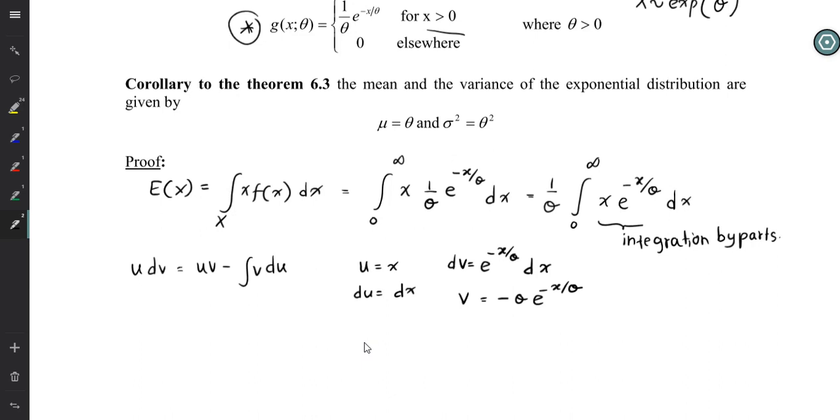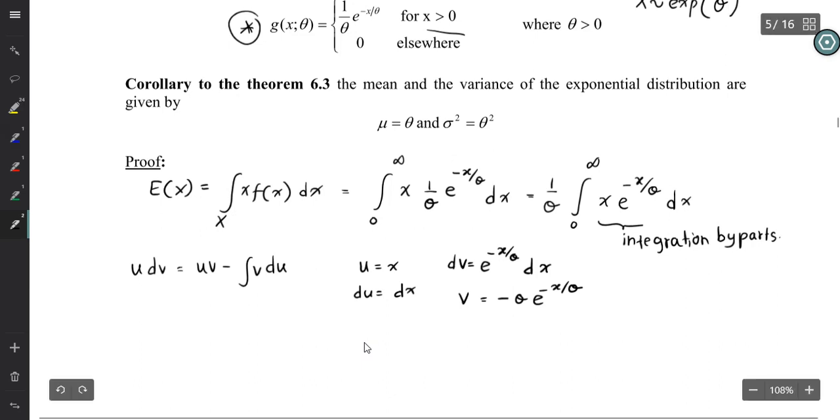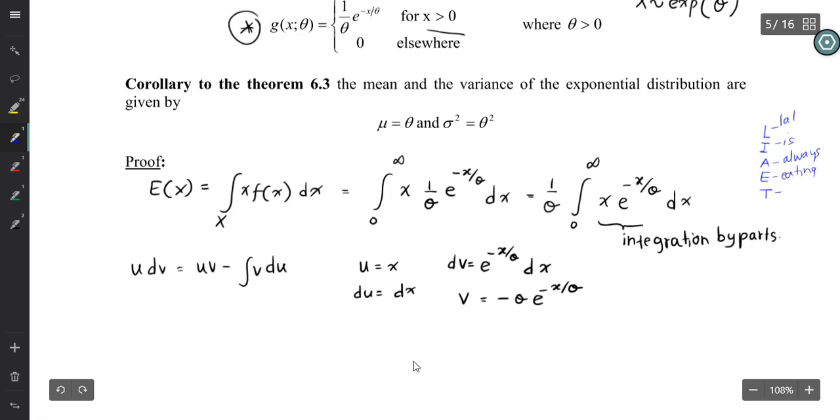There are several methods you can find. One possibility is, here's a trick. Let's say this is "Lal is always eating tomatoes."